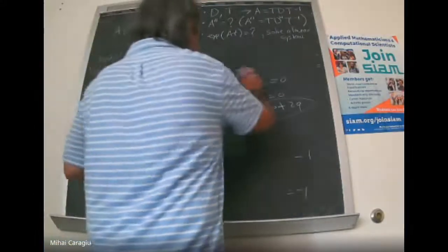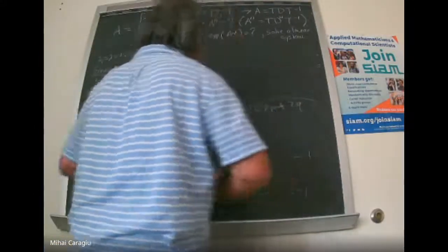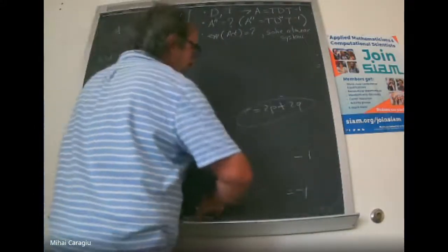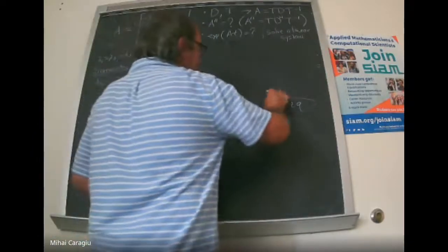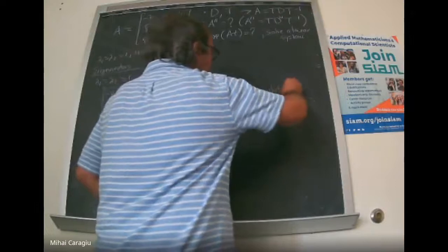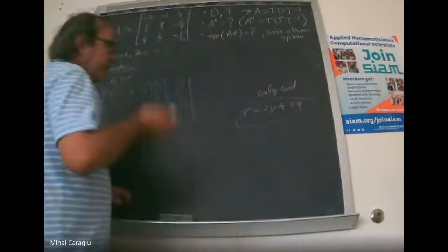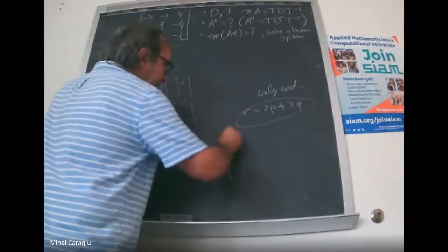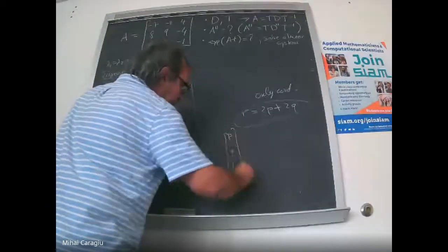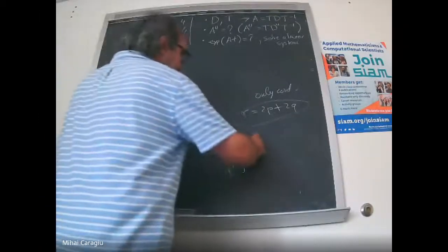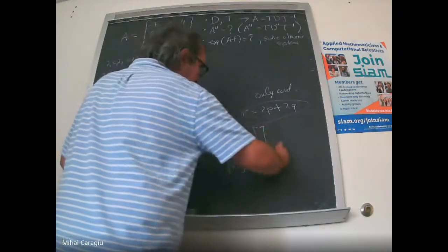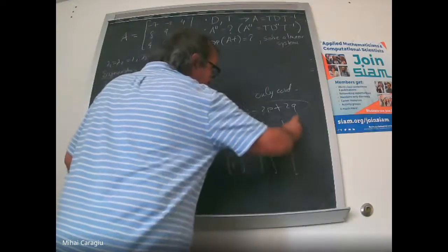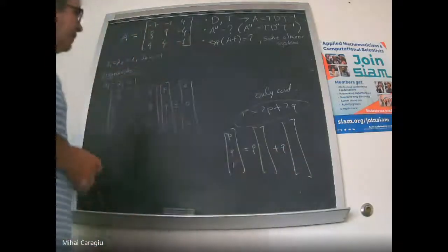So we have only one condition for the eigenvectors. So which eigenvectors can we find in this case? The only condition is r equals to 2p plus 2q. That's the only condition. And of course, an eigenvector is not 0. So pqr equals to p times something to be determined plus q times something to be determined.